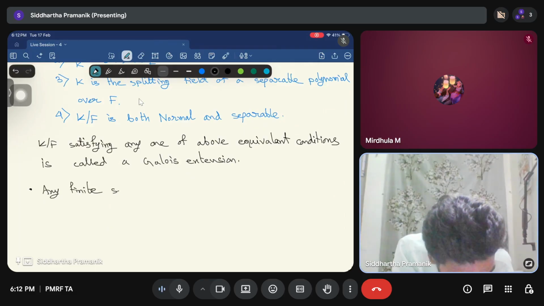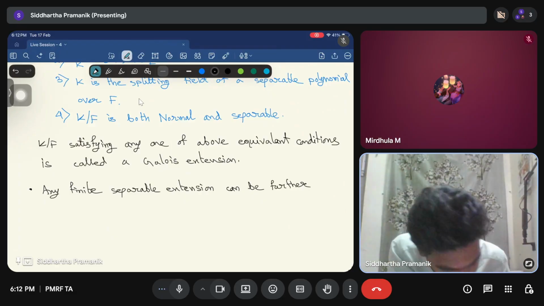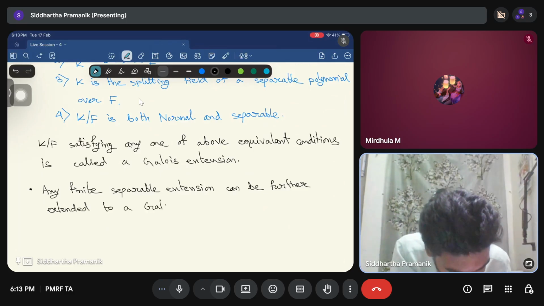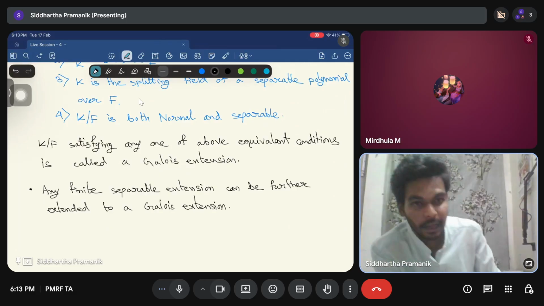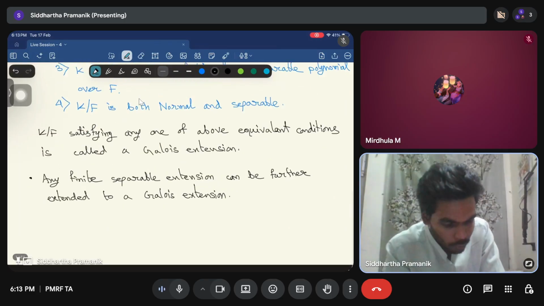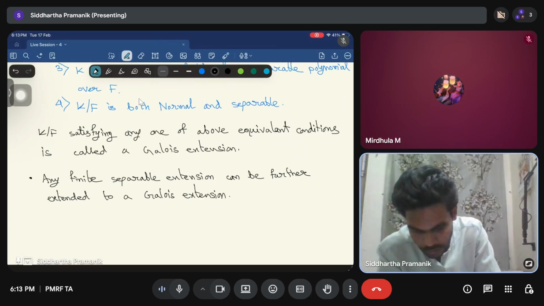Any finite separable extension can be further extended to a Galois extension. And the smallest such Galois extension is called the Galois closure. I will come to that when I do some problems. But let me first finish the summary of this topic.